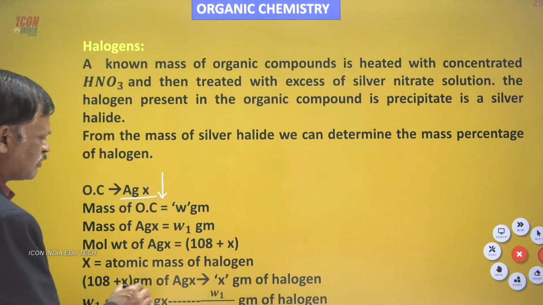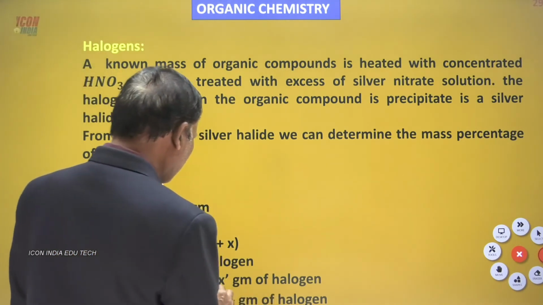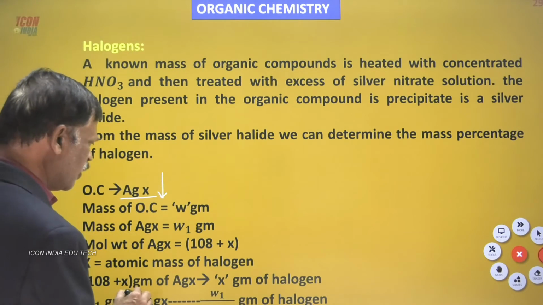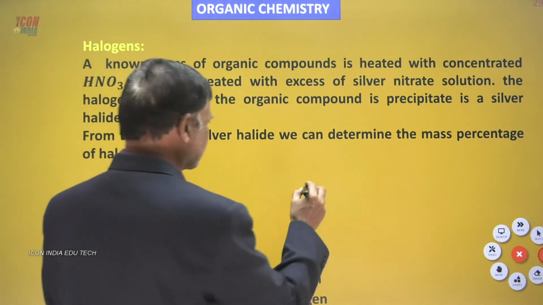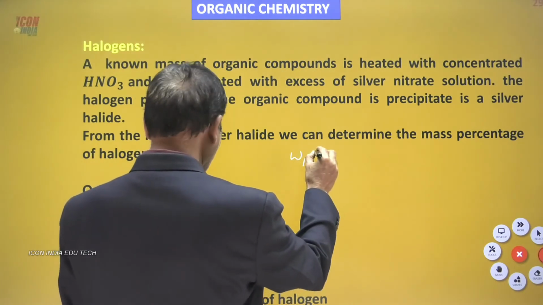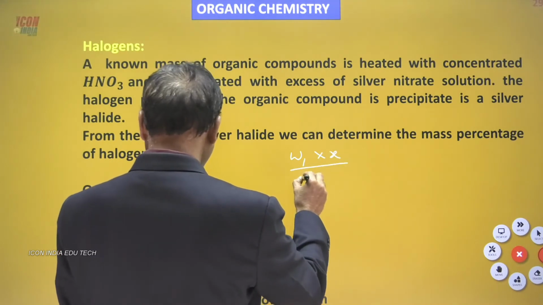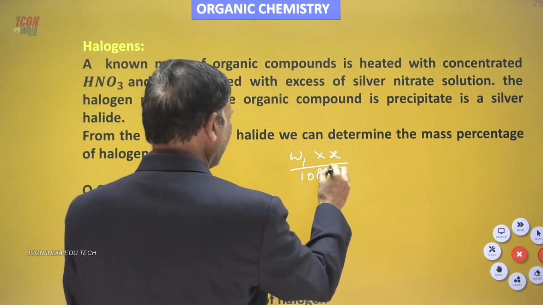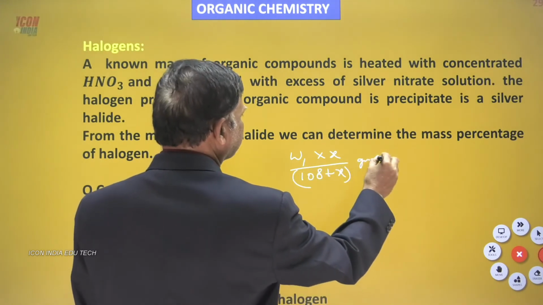So W1 grams of silver halide obtained in the experiment contains W1 into X divided by 108 plus X grams of halogen.